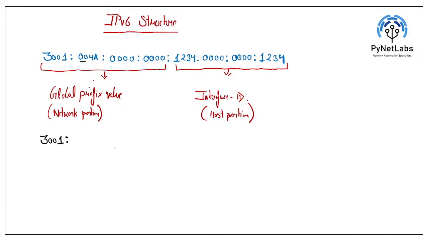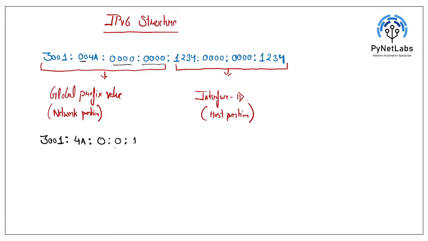When the zeros are on the left side, you can simply ignore them and write 4a. The machine will automatically understand that there are two zeros there, so we can reduce these zeros. If you look at the third portion and the fourth portion, we can make them shorter by using one single zero, because we have continuous zeros.